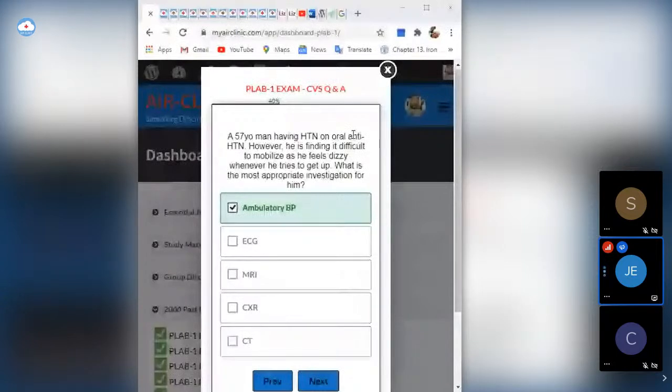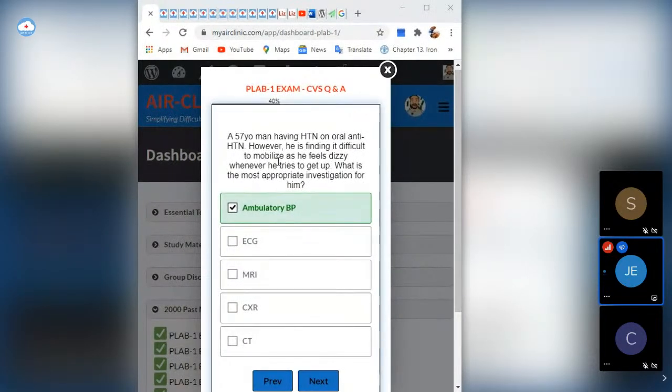So ambulatory BP. Like I was saying, in the PLAB 1 exam, the first thing to look out for is the clincher. Let me spell it for you, clincher. What that means is the giveaway, the tip.